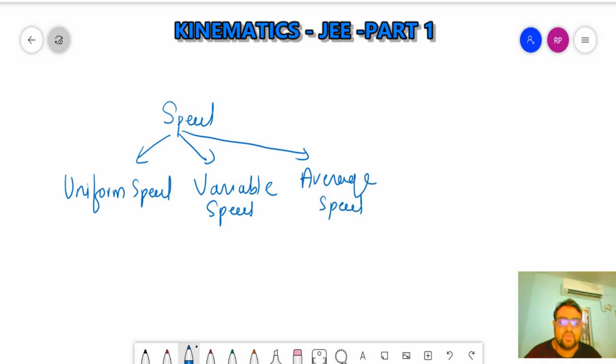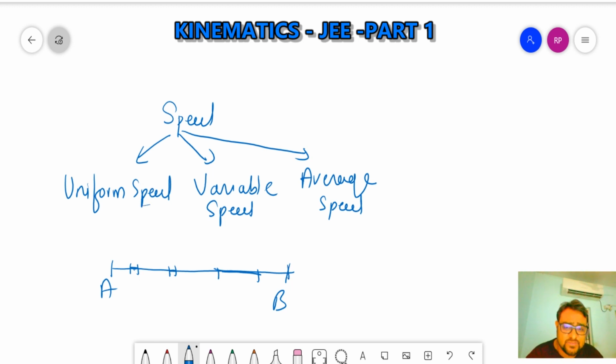Uniform speed means constant speed throughout the motion. If an object is traveling from A to B, then for this portion or for any smaller portion, at every time the speed is constant.